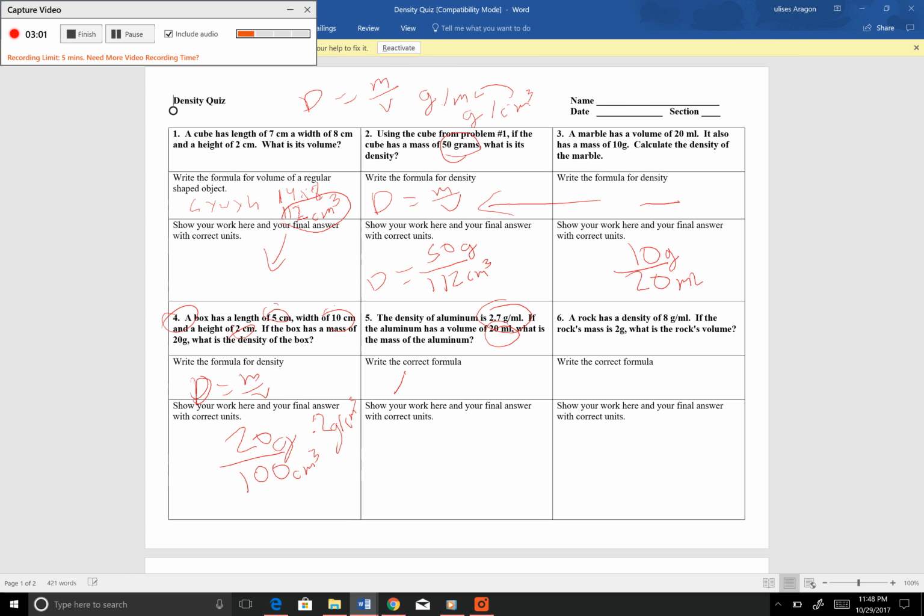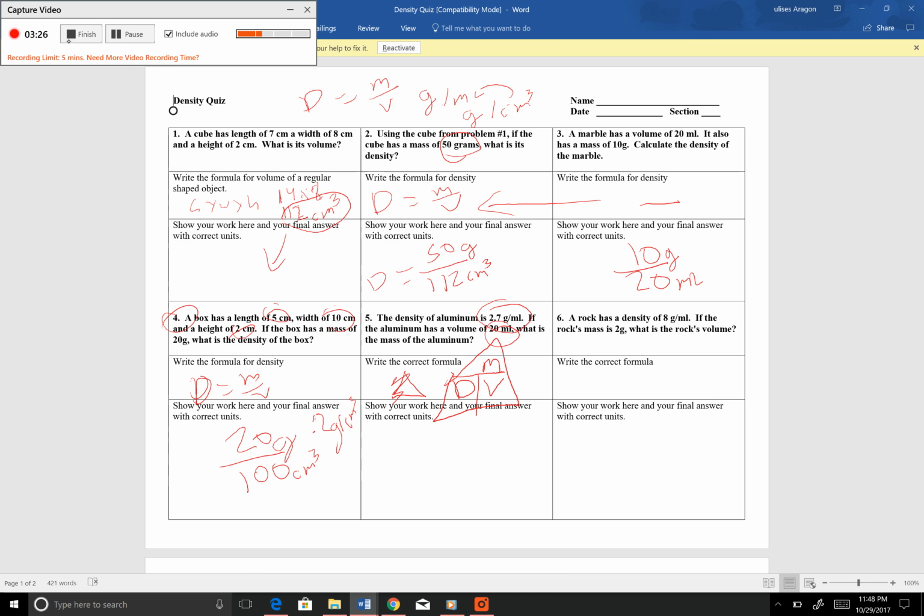Let's draw a little triangle here. Let's do D, V, and then M. If we draw a triangle this way, and we're trying to figure out density, density is mass divided by volume.